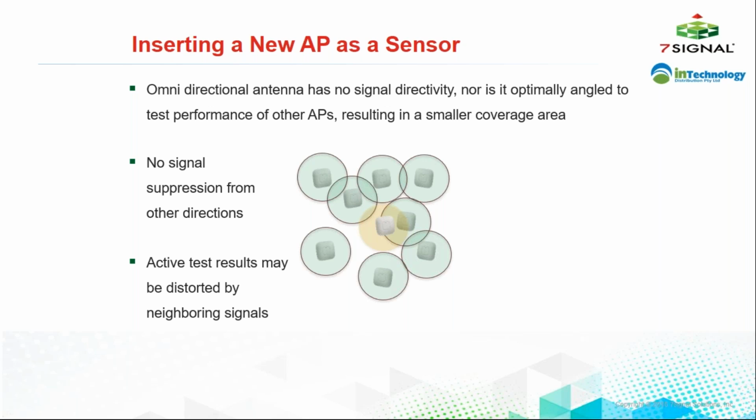Great, thanks for that. Another one was, does 7Signal support other wireless LAN vendors besides Cisco? Yes, absolutely. We're building up to the different products that we have, but our system is a high-performance Wi-Fi client that authenticates to any Wi-Fi network.